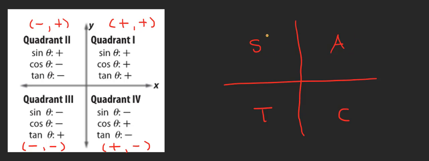In the second quadrant, only sine and the reciprocal of sine, which is cosecant theta, is positive. In the third quadrant, tangent and its reciprocal is positive. All the others are negative. In the fourth quadrant, C, cosine, and its reciprocal is positive, and all the others will be negative.